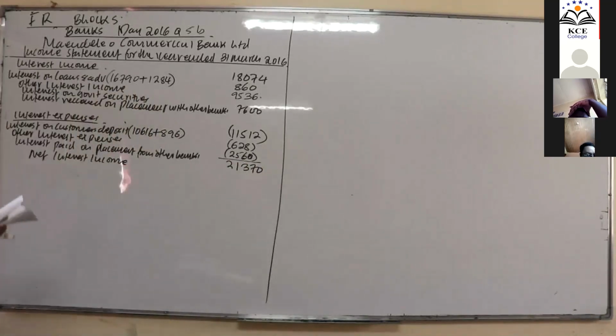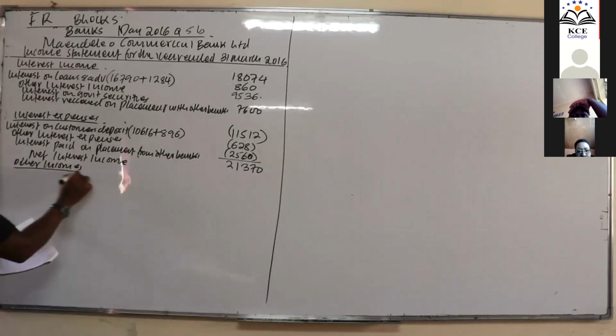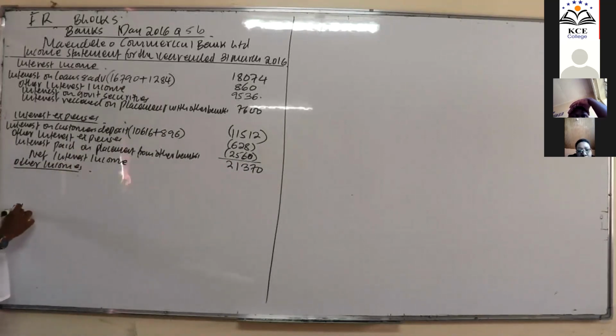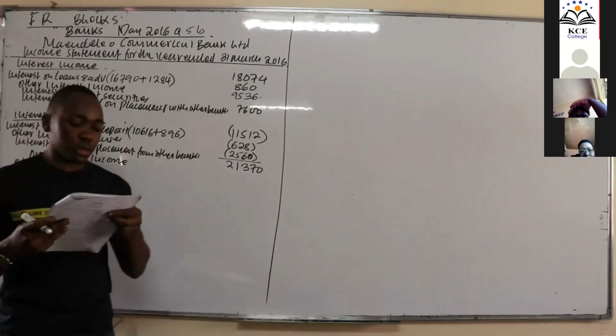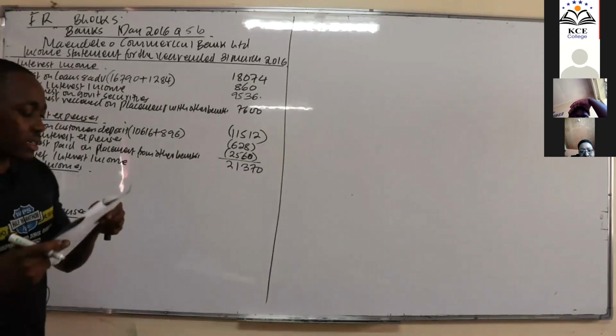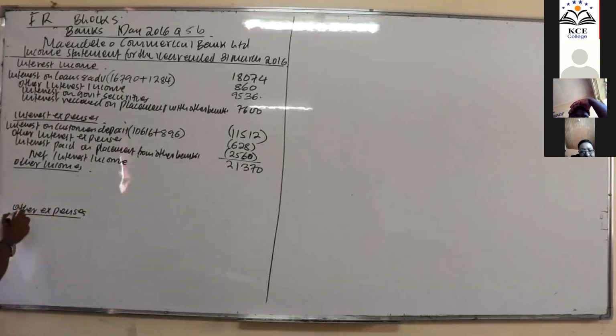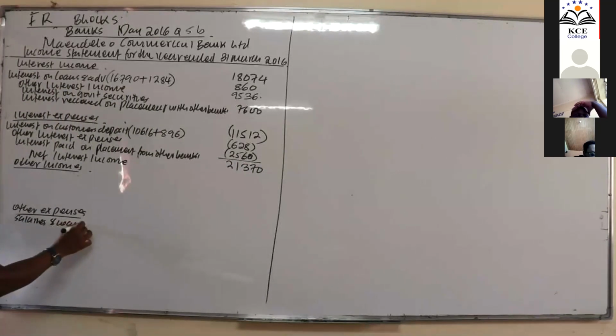So once we get the net interest income, now we can add other incomes, and then we deduct other expenses. So what do we have? We have salaries and wages. That's other expenses, salaries and wages.